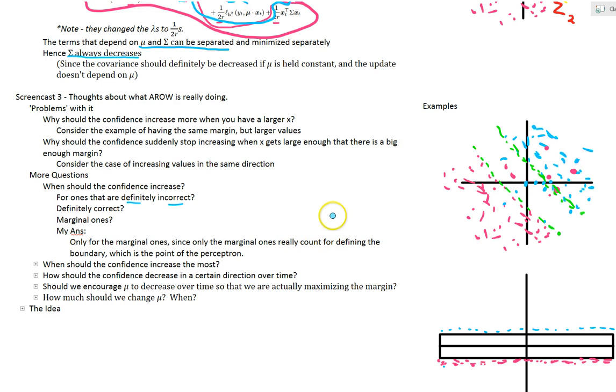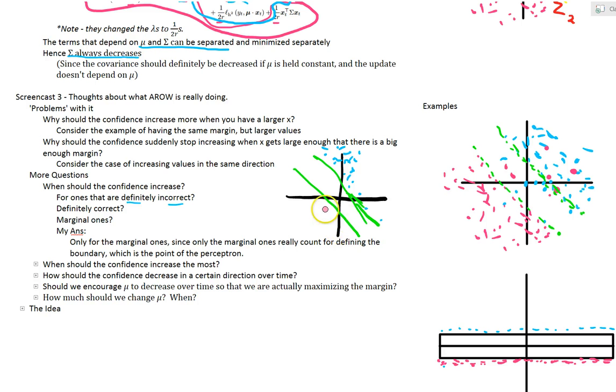I kind of had an example of this in my mind. I'll create a boundary like this. That's the boundary, and I'm going to make a separable case. We've got a bunch of points here, and just a few points here.